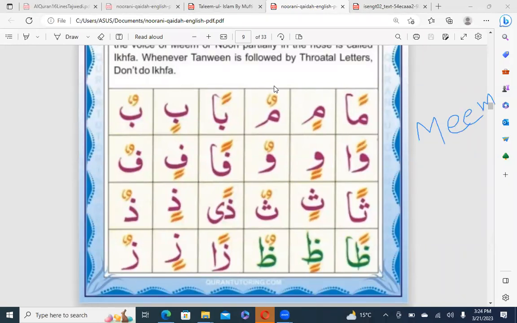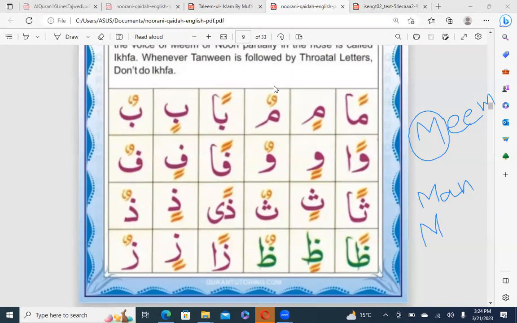So we pick up the first letter M, and the sound of fathataini or dui zabar or two fatha is an. So man, man, meem two fatha man, and the sound of two kasra or dui zer is in.